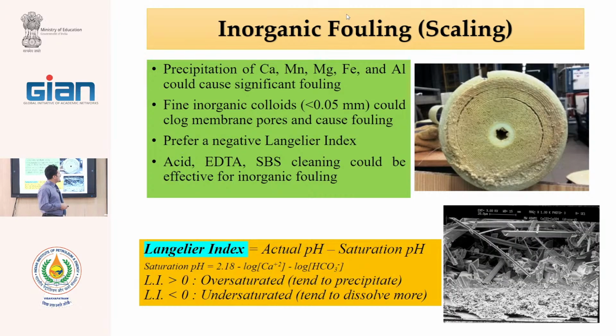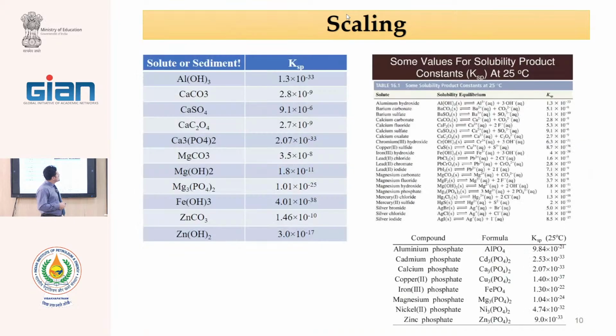We usually have this Ksp. Each component that can precipitate has a Ksp. The lower the Ksp, the more rapid the sedimentation behavior. Calcium carbonate, in comparison to aluminium, has more solubility. Aluminium hydroxide is very, very low soluble.